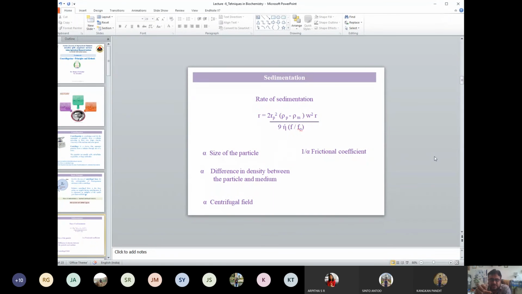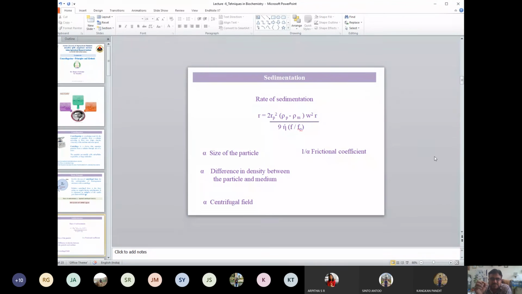Rate of sedimentation, which is denoted by small r, is equal to 2 rp square. Here rp is the radius of the particle which you are going to separate. So in other words, we can also say that rate of sedimentation is directly proportional to the radius of the particle which we are going to separate. This is one of the correlations which we should know.